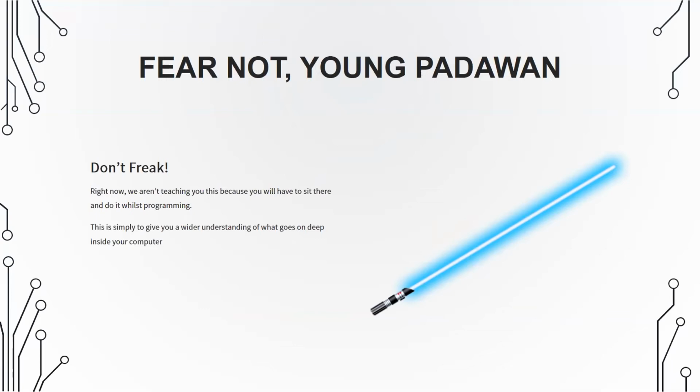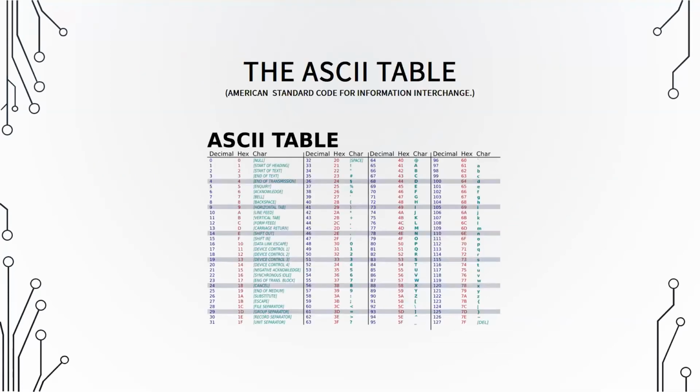But before we move on, we're going to take one last look at what is known as ASCII, which is a set of numeric codes that represent things like numbers, punctuation, and even letters. Pronounced ASCII, which stands for American Standard Code for Information Interchange, this table connects directly with binary.